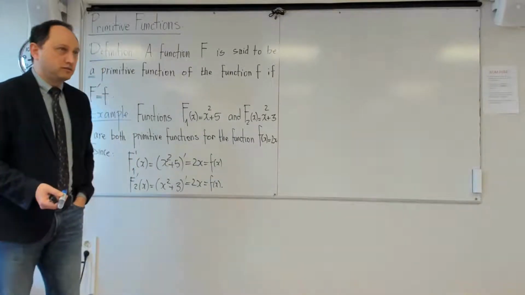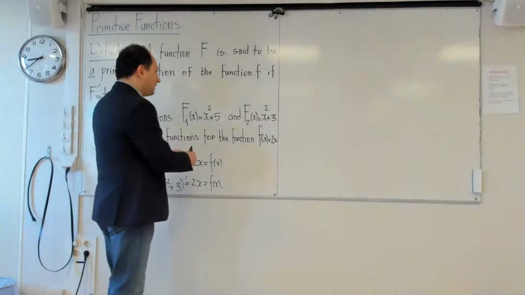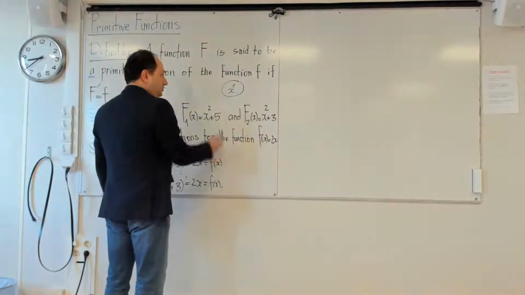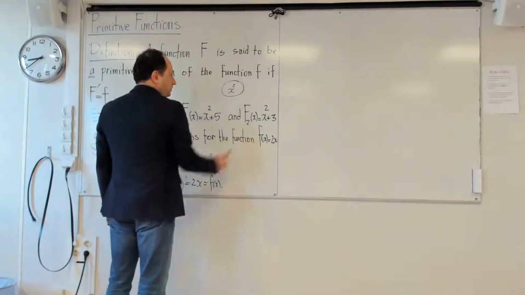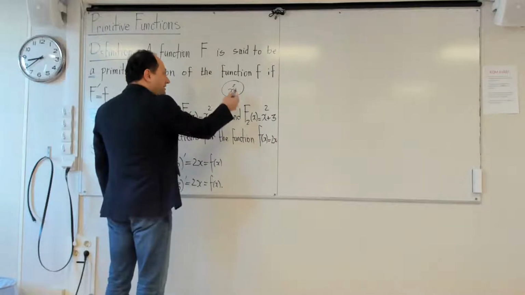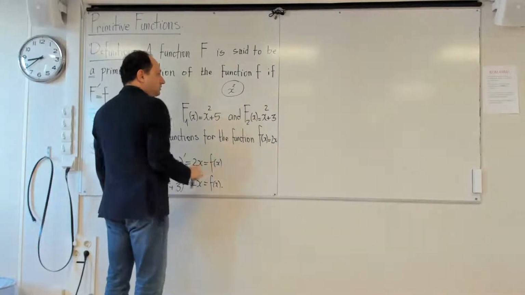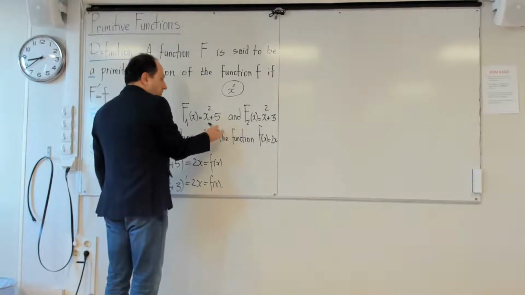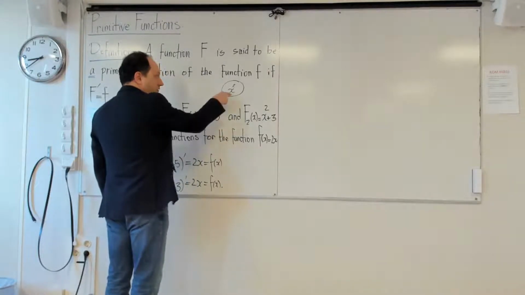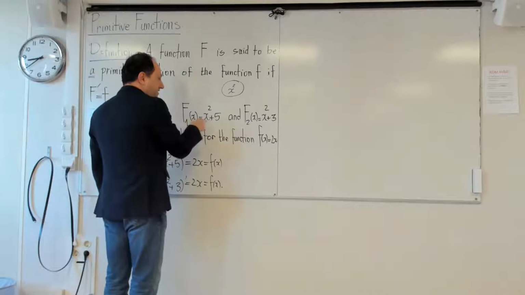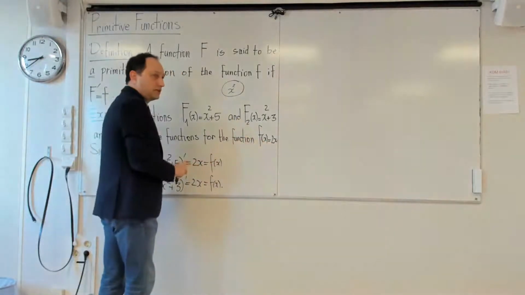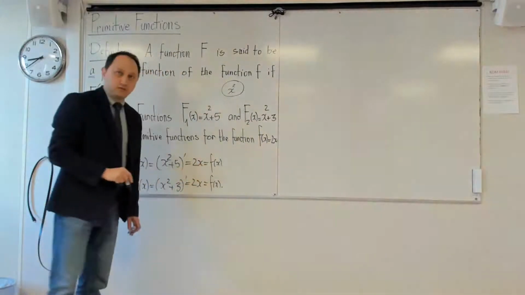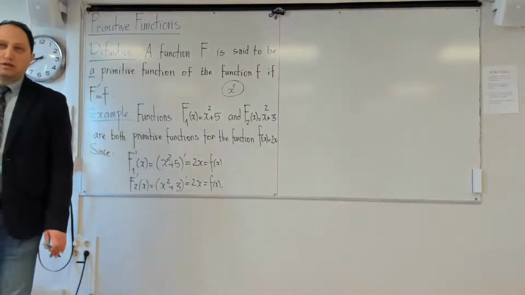Is that clear? So if x squared is a primitive function for this, which it is, because if I take the derivative of that, it becomes 2x, and I add any constant that I like, I generate a new function. This function is different from that function, but still its derivative is the same function, yes? So this one, that one, this one, all of them are primitive functions for this one.